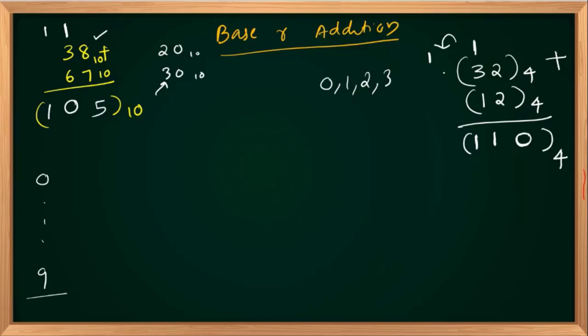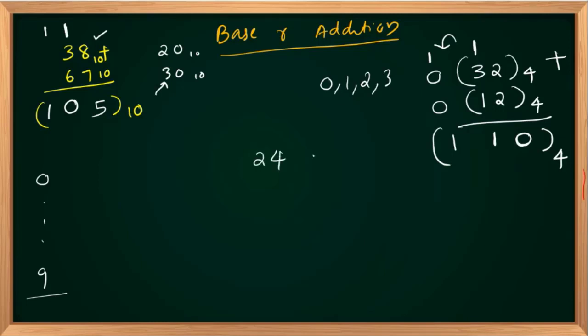And while adding carry, you can assume by default these digits are 0. So 1 plus 0 plus 0 will get a 1. So it's 1, 1, 0 in base 4. Very good. So base R addition is also simple. It's similar to our decimal addition. No worries.